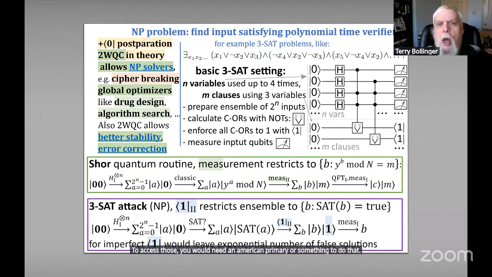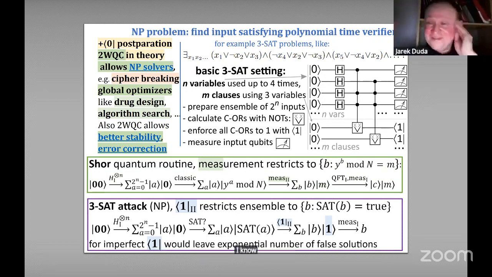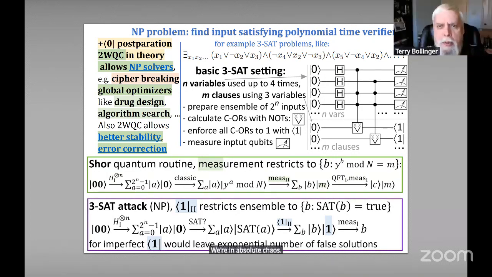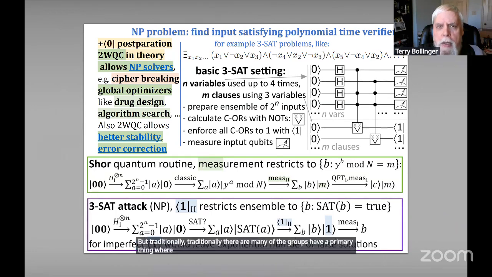And again, who knows, we're in chaos. I know. We're in absolute chaos. We don't know what's going to happen on any of them. But traditionally, many of the groups have a primary thing where if you have a U.S. primary, you could get access.